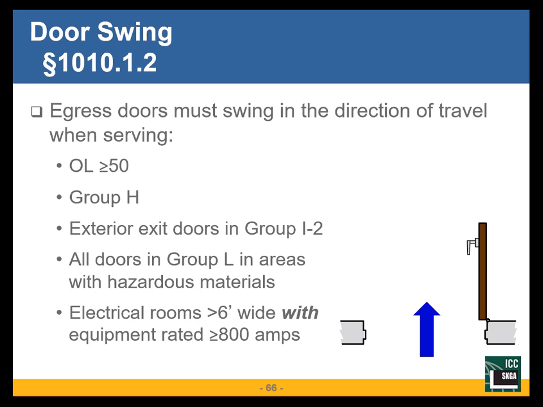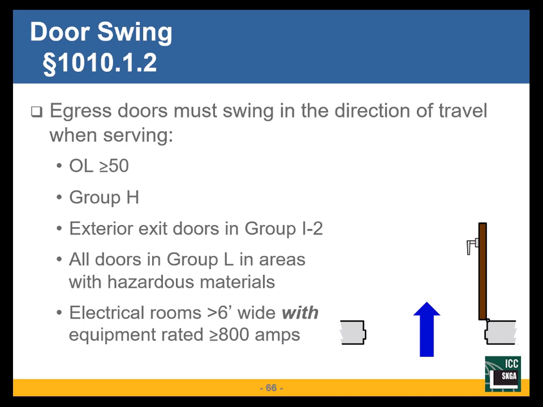If it's an exterior exit door, the door at the exterior wall in an I-2, all of those doors swing in the direction of exit travel, regardless of occupant load. Doors in group L, my laboratory suites. If the room I'm leaving has hazardous materials in it, all exit doors, regardless of occupant load.